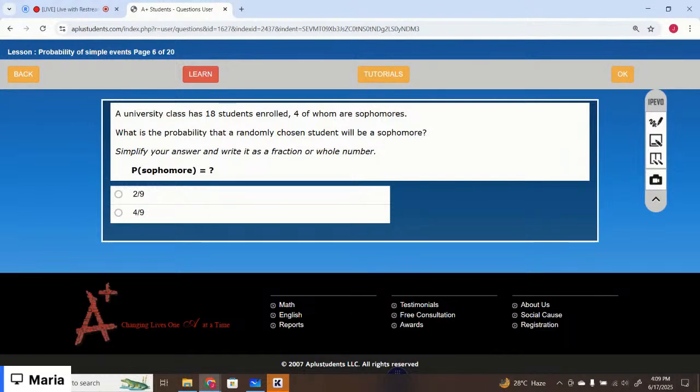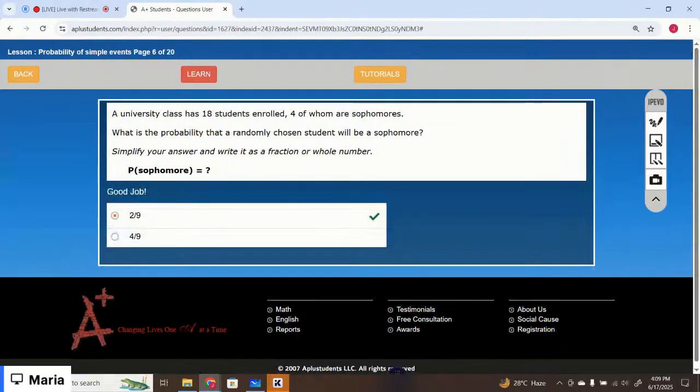That is 4 over 18, which is the correct option. Option number one is the correct option.